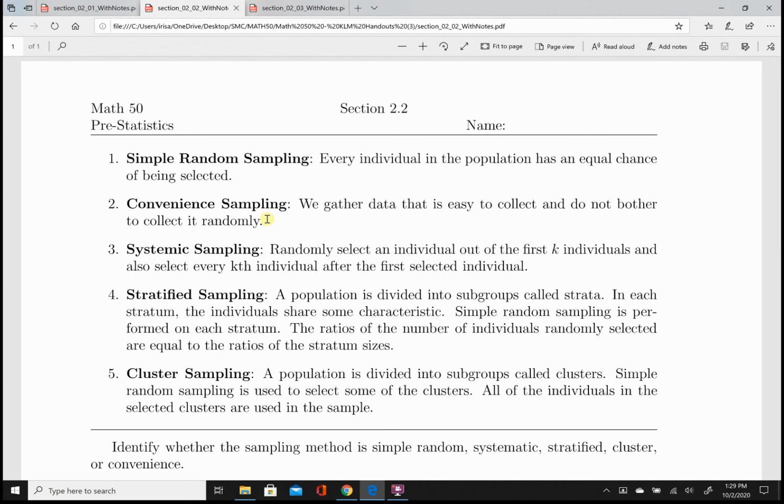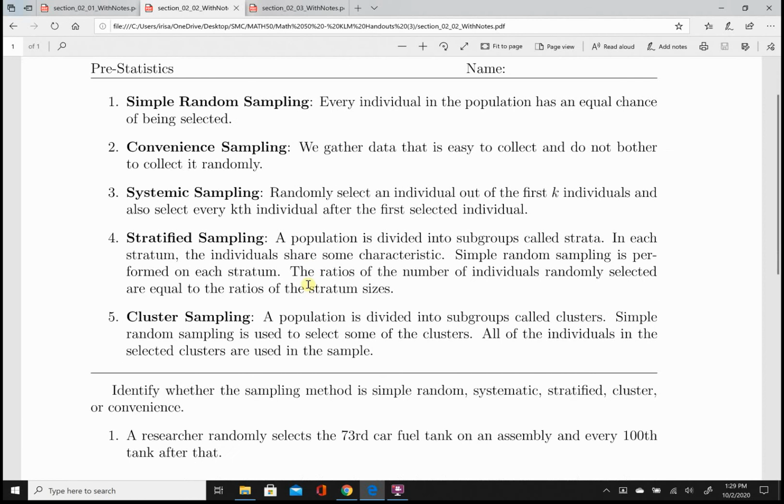It is defined as gathering data that is easy to collect, and you do not bother to collect it randomly. Systematic sampling is randomly selecting an individual out of the first K individuals and also selecting every Kth individual after the first selected individual.